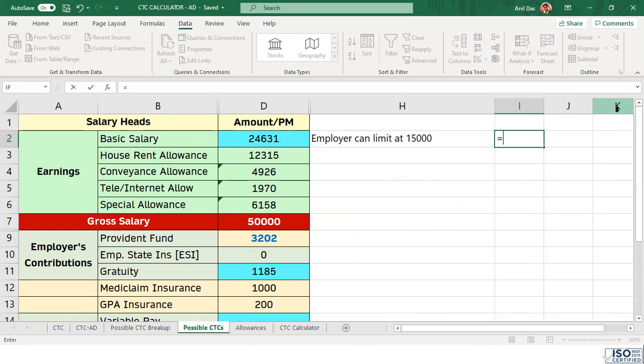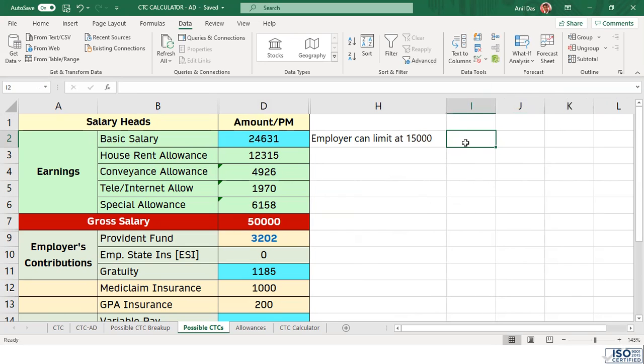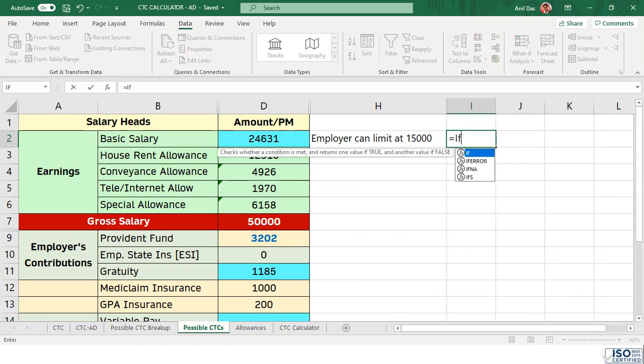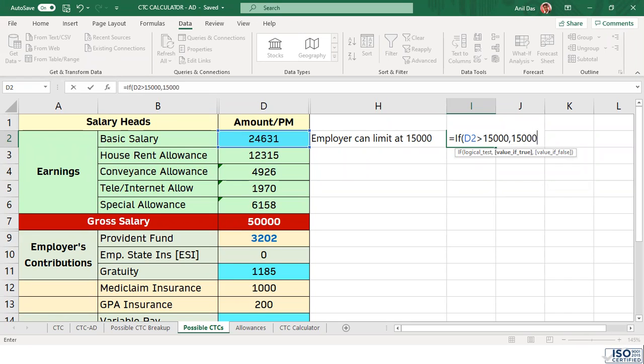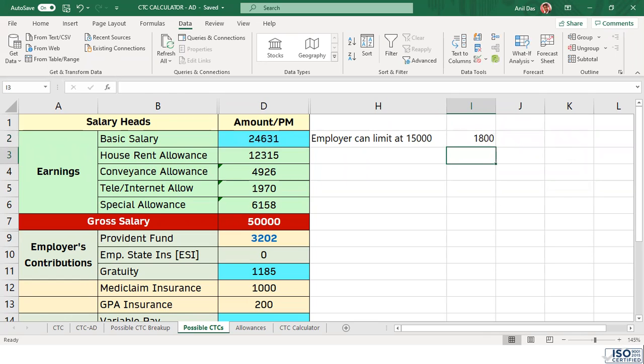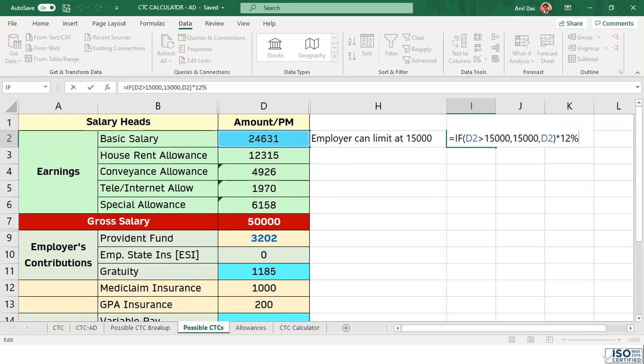Now there is a formula. If basic salary is more than 15,000, then limit PF contribution on 15, or else take this value multiplied by 12. What formula have I used? I have told Excel to find out whether the basic salary is more than 15 or not.